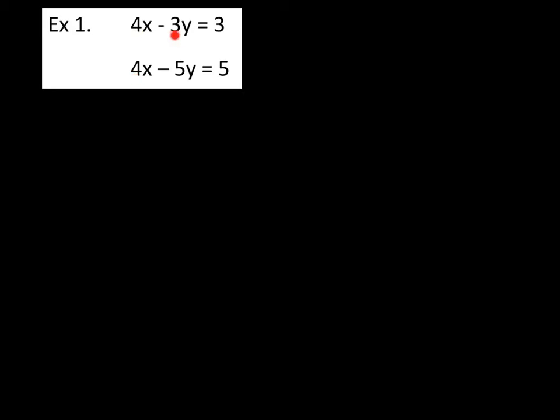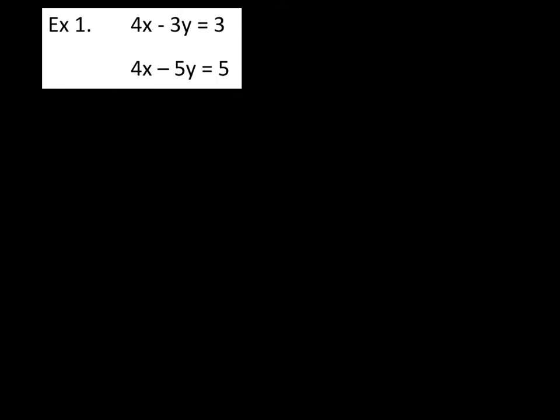In front of the y's we have a negative 3 and a negative 5. Which of those would be easier to make opposites? Definitely if you're already starting with the same absolute value of the number, in other words, these are both positive 4, it's easier to start with that one.